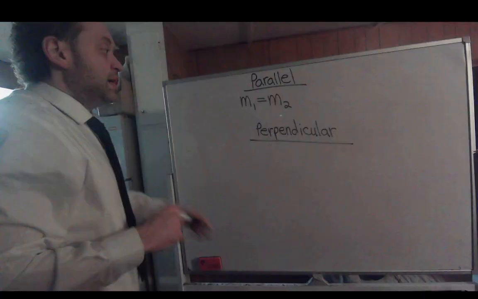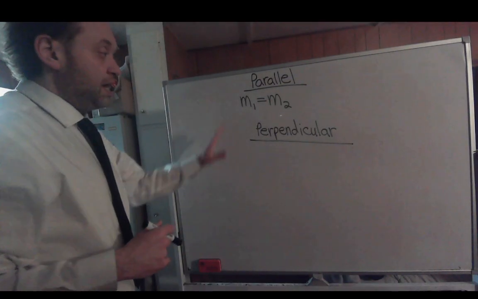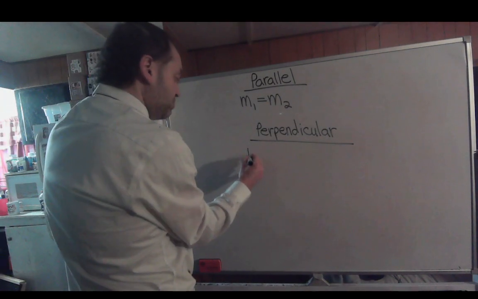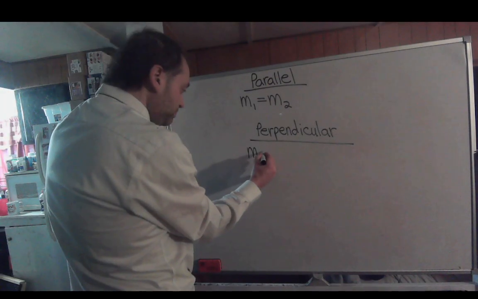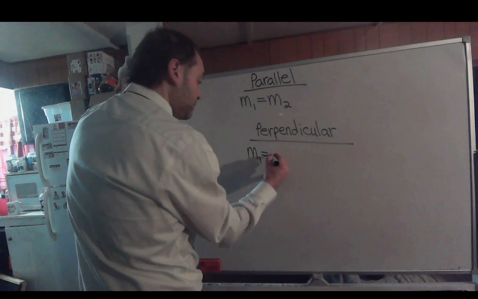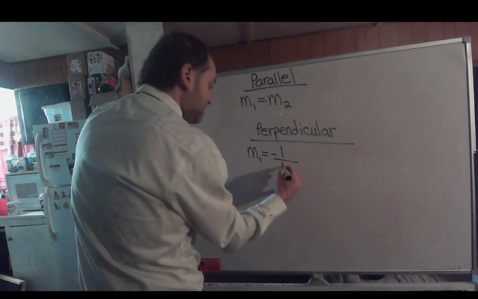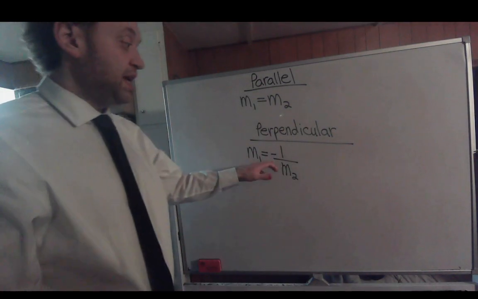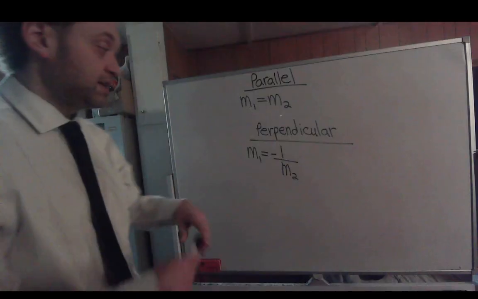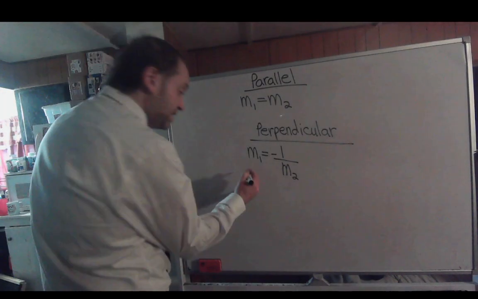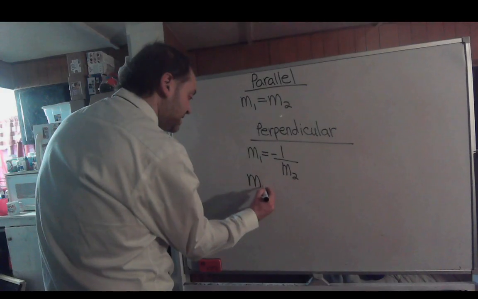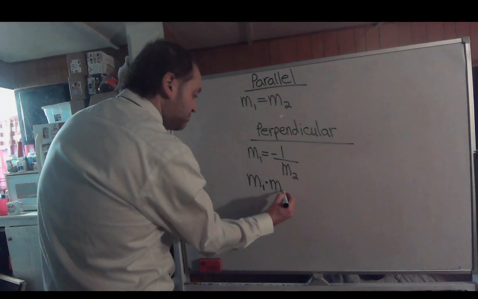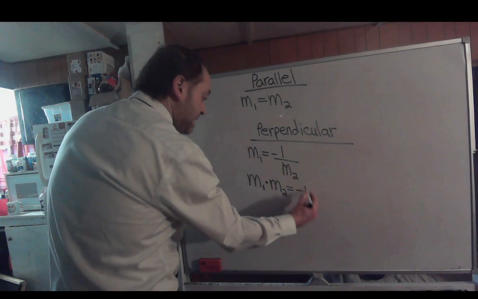A perpendicular line is when the slope of one line is equal to the negative reciprocal of the slope of the other line. Another way to test this is to take the slope of the first line times the slope of the second line, and it should always come out to -1.